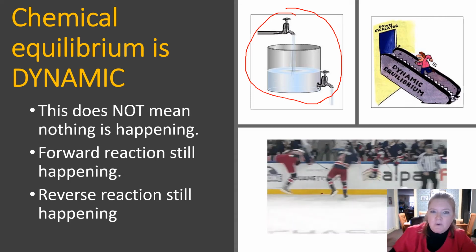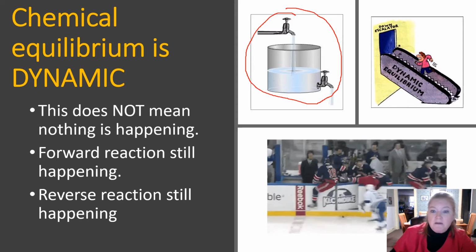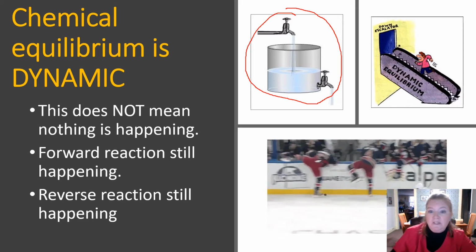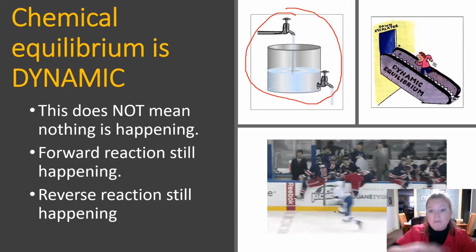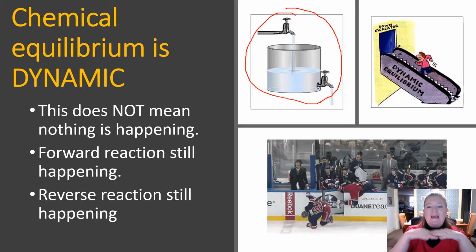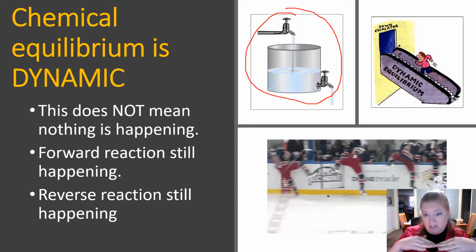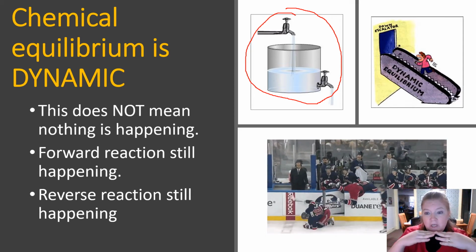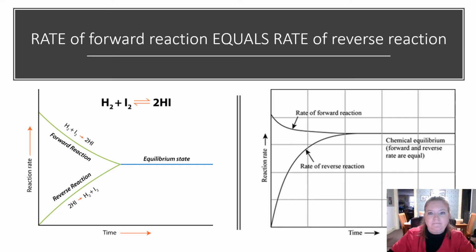As fast as this water is pouring in, it's coming out. As fast as this person is going up the stairs, the escalator is moving down. And just as these 3 players are coming off of the ice, 3 more are going on the ice. Dynamic equilibrium. The opposite of dynamic is static, meaning not changing, and that is not the situation in equilibrium. Equilibrium is dynamic.